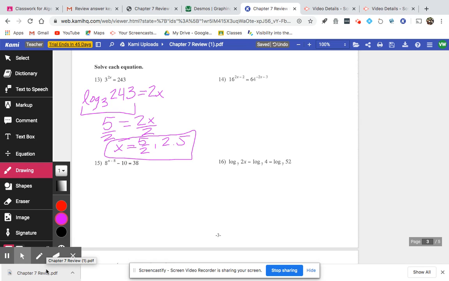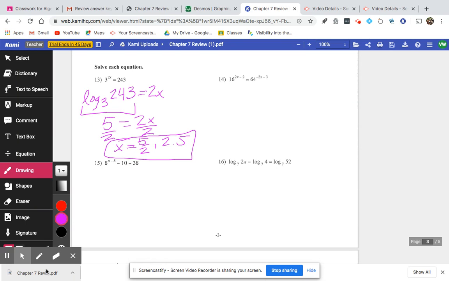Now, number 14, we've got two different numbers. We've got 16 and 64. We have 16 to the 2x minus 2 power equals 64 to the negative 2x minus 3rd power. So I'm going to see if I can rewrite 16 and 64 to have the same base. In other words, if it's the same number raised to a different power, that's how I get 16 and 64.